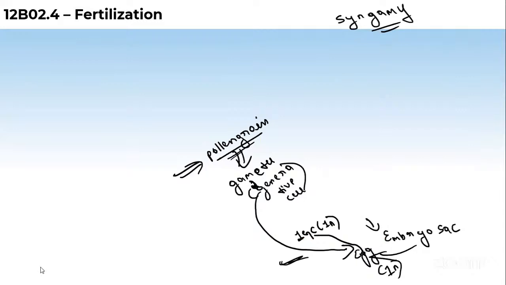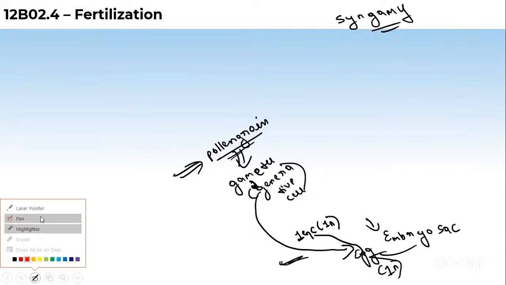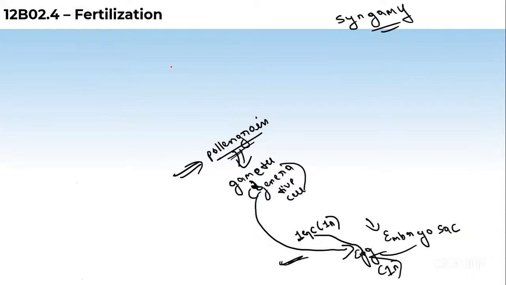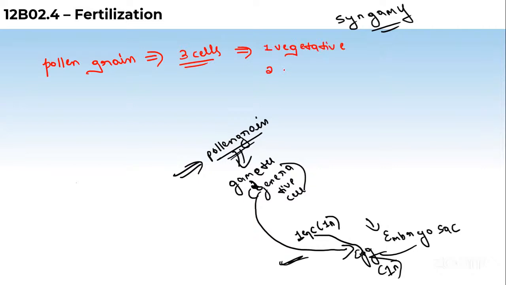Okay, here I will tell you, guys. In double fertilization, the pollen grain has three cells: one vegetative cell and two generative cells. These two generative cells act as gametes, so two gametes are there.